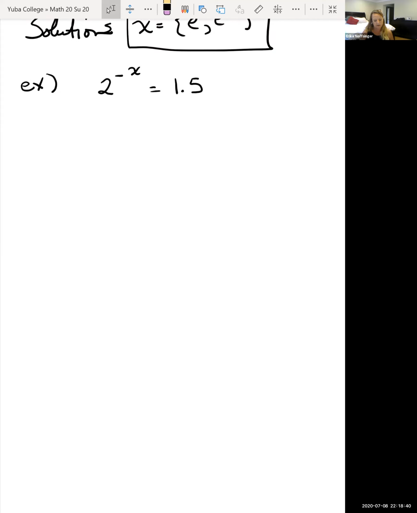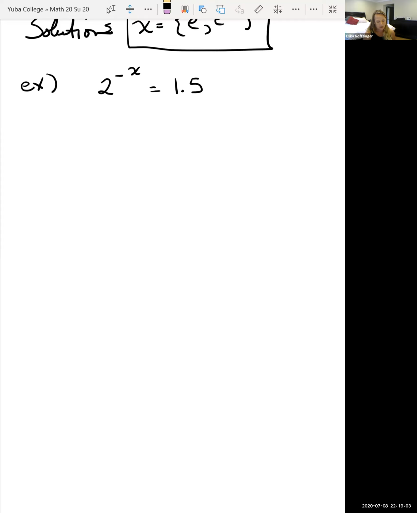Okay, so we're trying to solve for x here. We can rewrite this in exponential form or logarithmic form, like I showed before, or we can manipulate these bases to be the same. And if that was possible, that's the first way I would go about it.